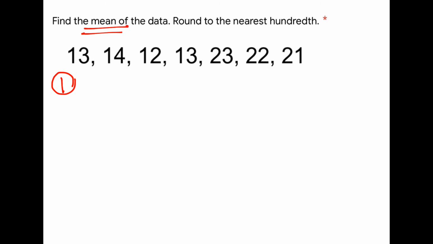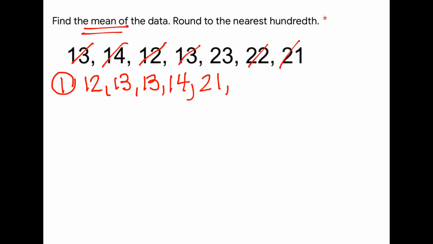Actually, for mean, you really don't have to put them in order, but I always prefer, because the next questions will lead to median, mode, that requires you to put them in order. We have 12, 13, 13, 14, 21, 22, 23.